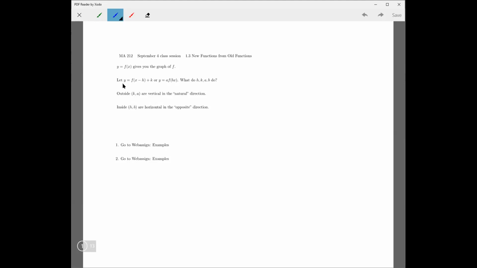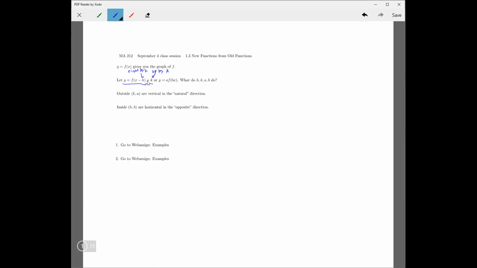Essentially, the situation is you have a function y equals f of x, and that gives you some graph of some function. Okay, so if you have this other function here, which is related to the original function f, but it's f of x minus h plus k, then this k is going to shift the graph up by k, and this h right here is going to shift to the right by h.